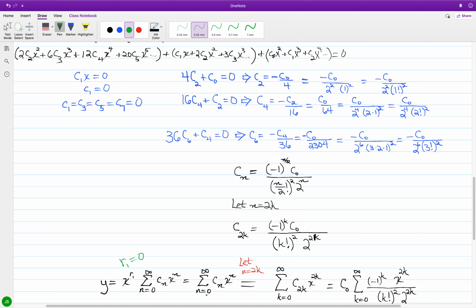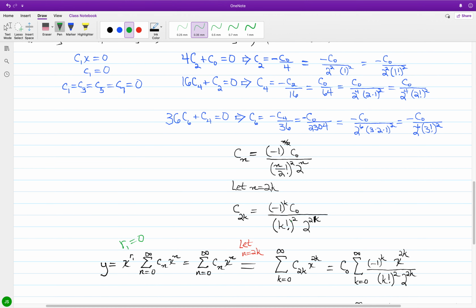Again, in the rewrite, n becomes k, and in the series we have the summation as k goes from 0 to infinity, and I have a c of 2k times x to the 2k, and filling in c of 2k, I'm going to move the constant c naught out to the front. Now I have negative 1 to the k times x to the 2k, and again I have k factorial squared times 2 to the 2k.